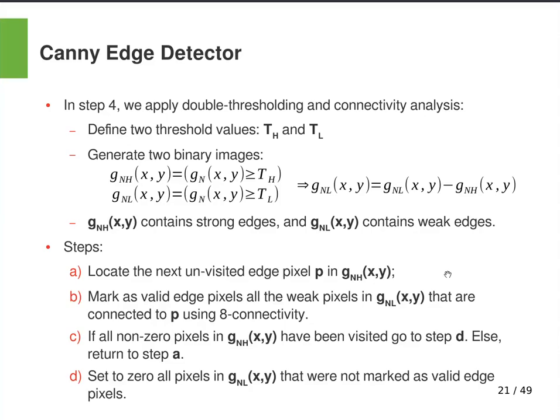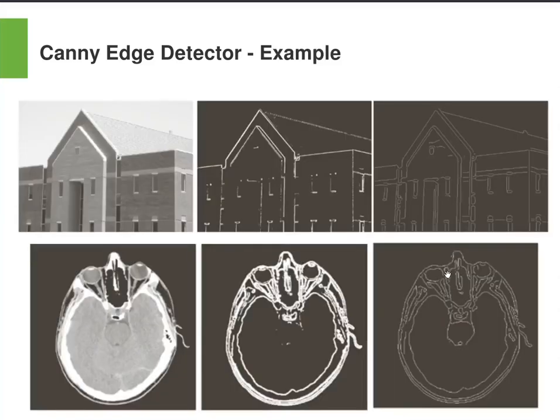So now let's just see what is the end result of all these procedures. On the left we have two input images that we want to use to compare the result of regular edge detection and canny edge detection.